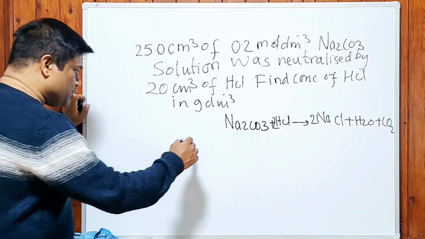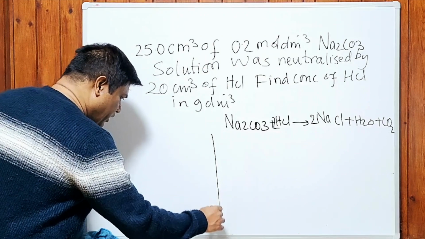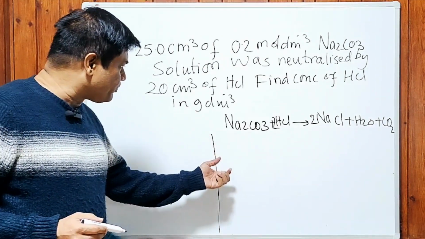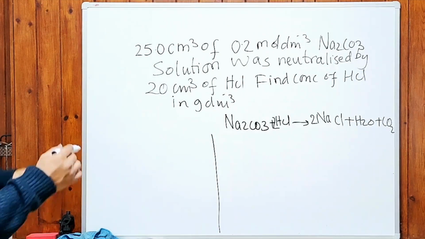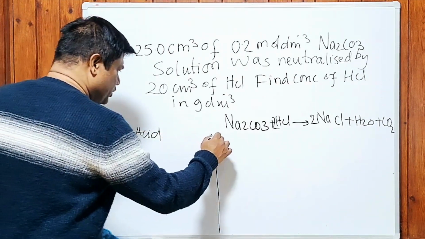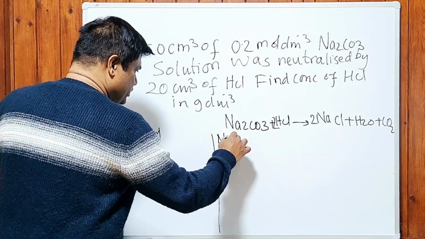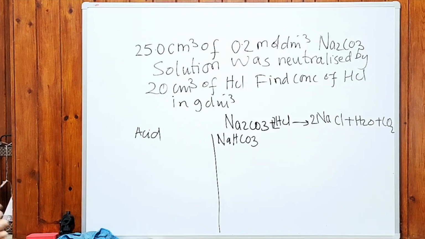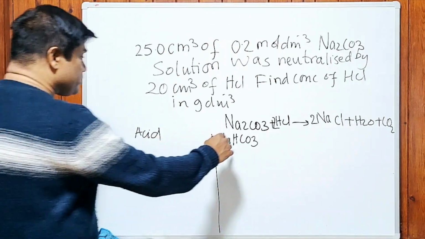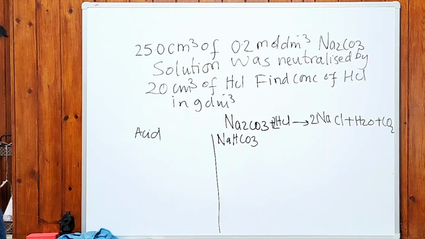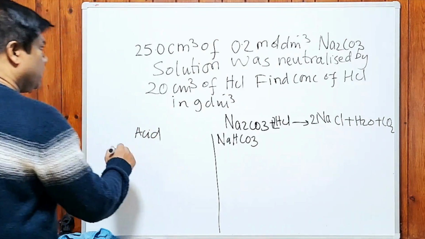Step 2, I told you, write the data in a column form or tabular form. Here we have the acid and the sodium carbonate. This is the salt of an alkaline solution. Why is this a salt of an alkaline solution? I will tell you in my future videos. Look at that.